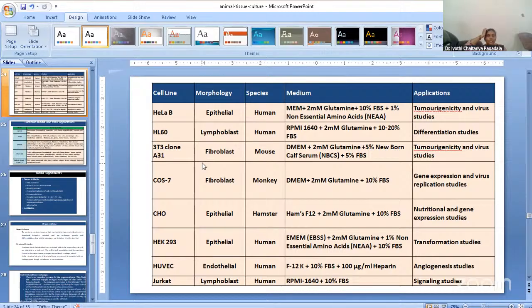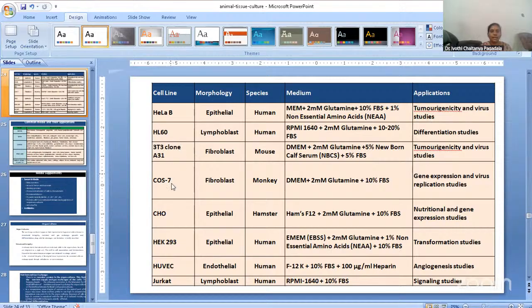So here the HeLa cell lines are epithelial cell lines originated from the human. For that, we need MEM media and glutamine and FBS and 1% of non-essential amino acids. The application after using this cell line is that we can check tumorigenicity and virus studies.